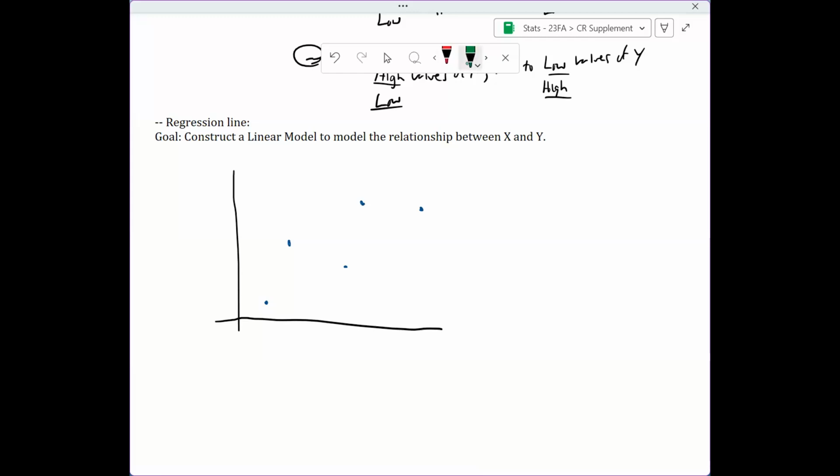And I would like to come up with a linear model for these points, right? I could think of a line like that, which seems to not do a great job. A line like that, maybe that's a little bit better. But I think just visually we could see that a line something like this might be a pretty good model. Why is this line a better model than those other ones?